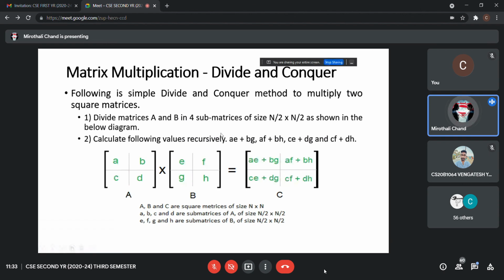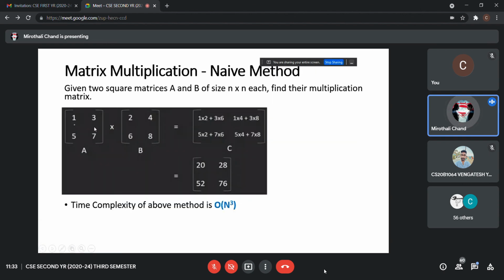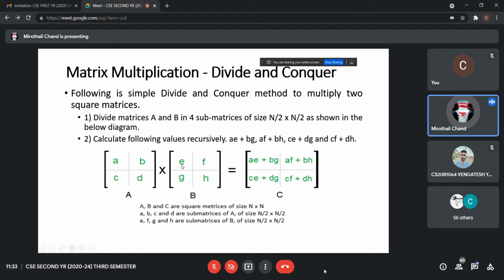Each value here will be considered as a single matrix, and then that single matrix will be multiplied with another single matrix. A is multiplied with E. Similarly, BG, AF, BH, these things. Then again, addition is done, addition based on AE and BG. So 4 operations are done, then the final solution is obtained. So this is the example of the divide and conquer method used in matrix multiplication.